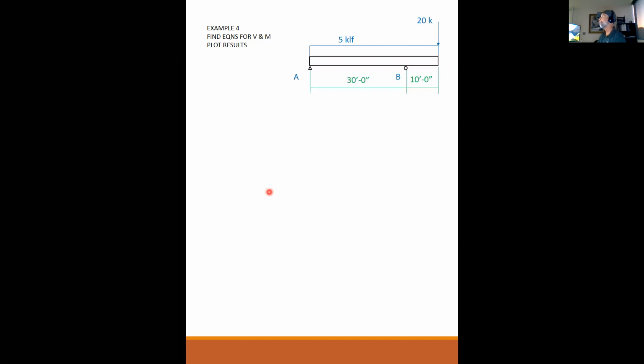Okay, everybody ready for example number 4? Yep. Okay, we are going to find equations for shear and moment and plot our results for a beam with an overhanging cantilever.